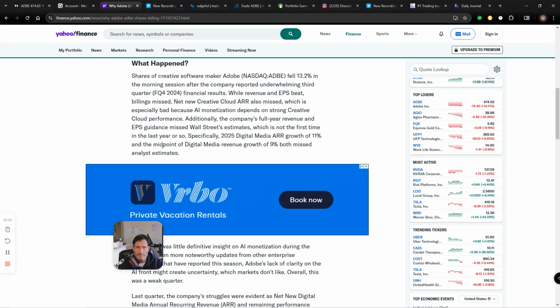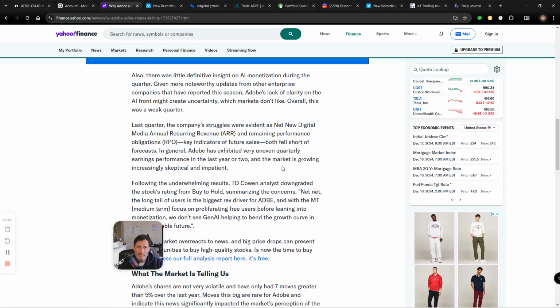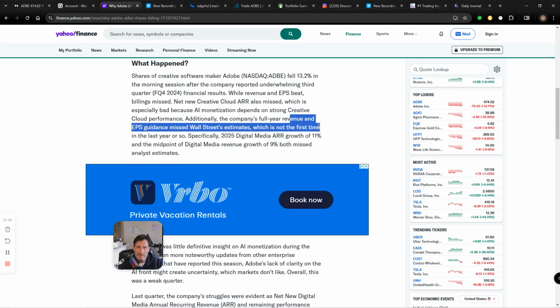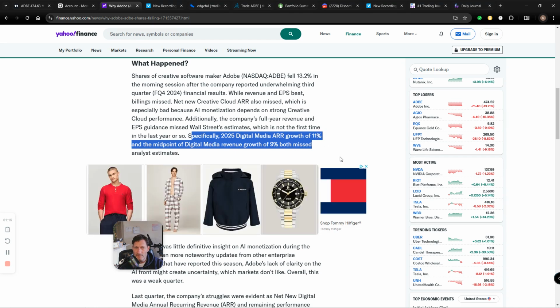And so for 2025, their projections were not as good as expected, I guess. Specifically, it says the digital media growth in the midpoint growth, digital media revenue growth of 9% and 11% respectively, both missed analyst estimates.